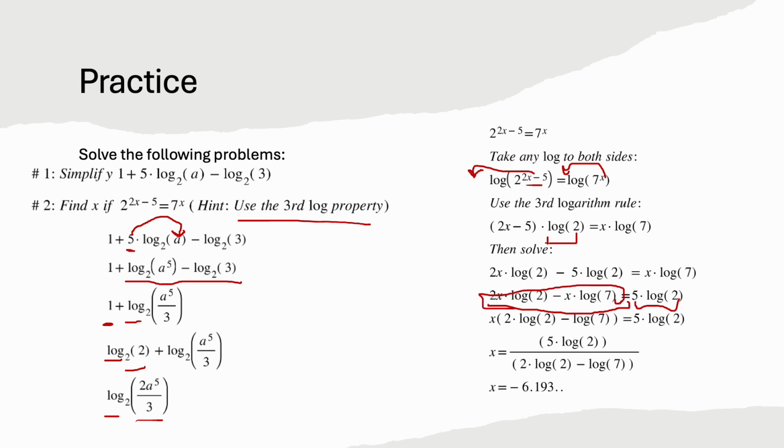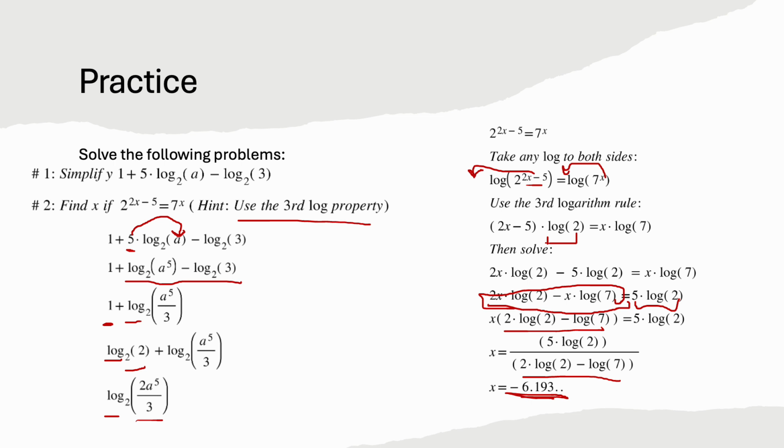So we can just factor out x to get x times 2 times log 2 minus log 7 is equal to 5 times log 2. And we can divide everything on this side other than the x to get x is equal to 5 times log 2 over 2 times log 2 minus log 7. And that's roughly equal to negative 6.193. And I think I said base a lot, but remember, it's just in base 10. If I said base, I was just misspeaking.